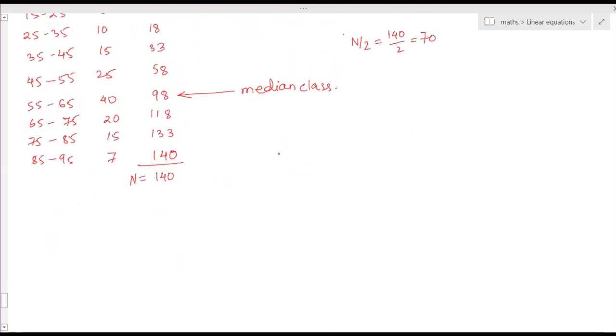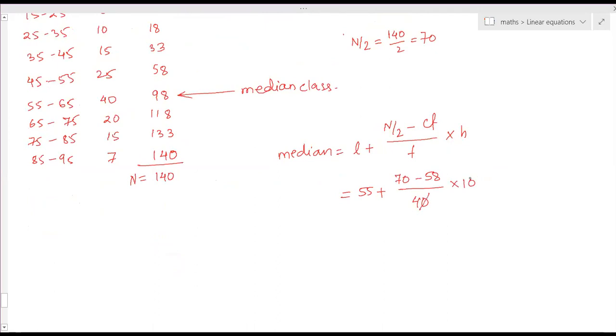Then the formula: median is equal to L plus (n by 2 minus CF) by frequency into h. L, the lower limit, is 55 plus (70 minus 58) by 40 into 10.